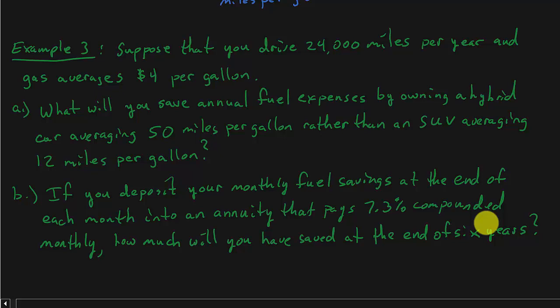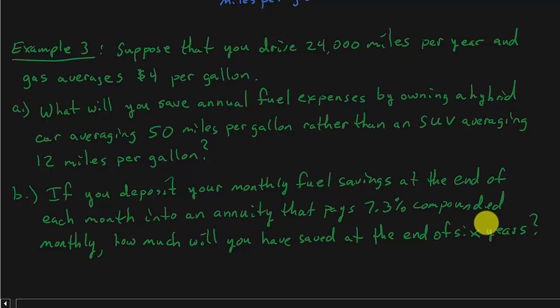What will you save in annual fuel expenses by owning a hybrid car averaging 50 miles per gallon rather than an SUV averaging 12 miles per gallon? And part B, if you deposit your monthly fuel savings at the end of each month into an annuity that pays 7.3% compounded monthly, how much will you have saved at the end of 6 years? Let's take a look at that.